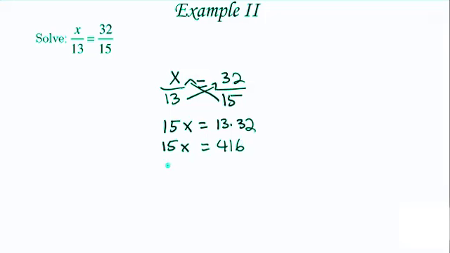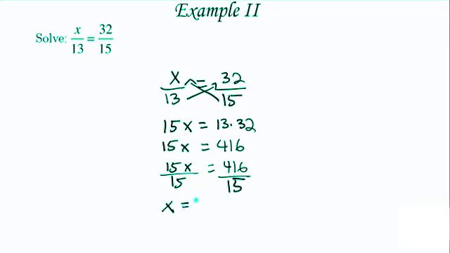Here, since I have 15 times x, I'm going to apply the multiplication principle and actually multiply by 1 over 15 or divide by 15. Same thing. Always doing the same operation on both sides so that the equation holds up.